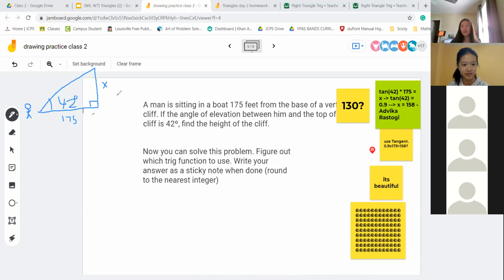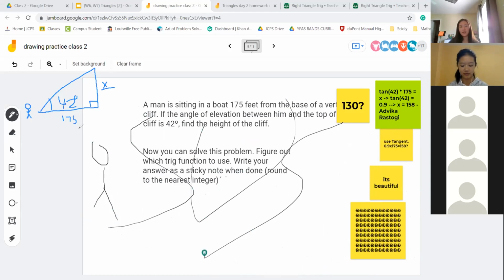Now I'm going to use a trig ratio, and I'm going to use tangent because the side I'm looking for is the opposite and the one I have is the adjacent. So I'm going to use tangent because it's TOA, opposite over adjacent. So tangent of 42 is equal to x over 175.